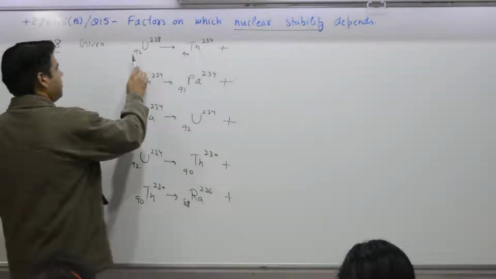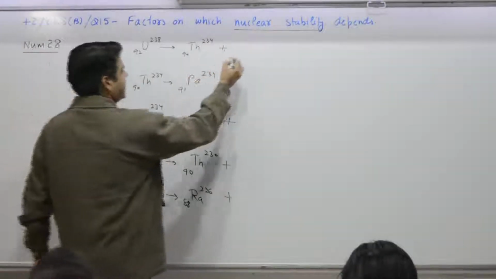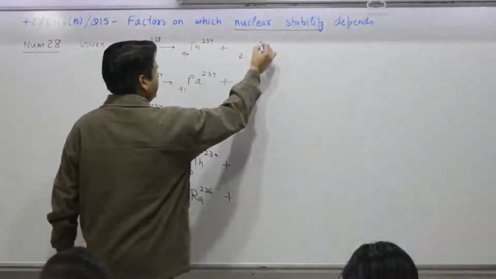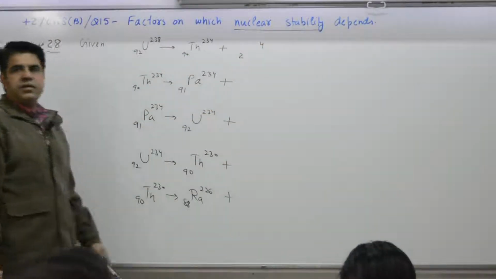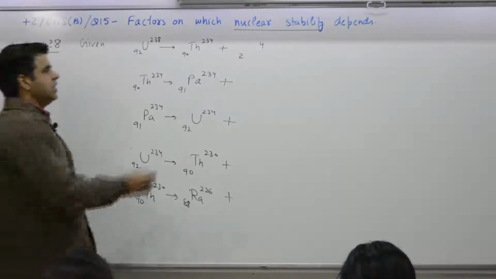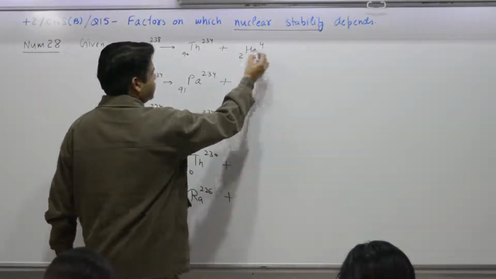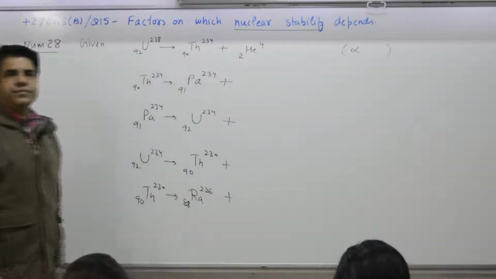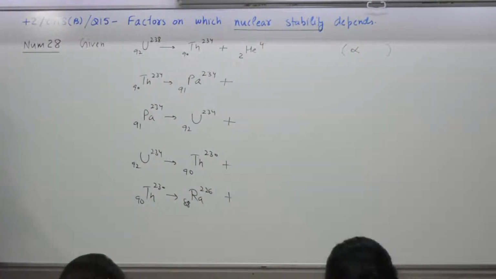Yes, first step I will help. This is 92, this is 90, so what you get is 2. This is 238, this is 234, so what you get is 4. Yes, a helium nucleus. So the first is an alpha particle. Try the next one. Complete all equations.